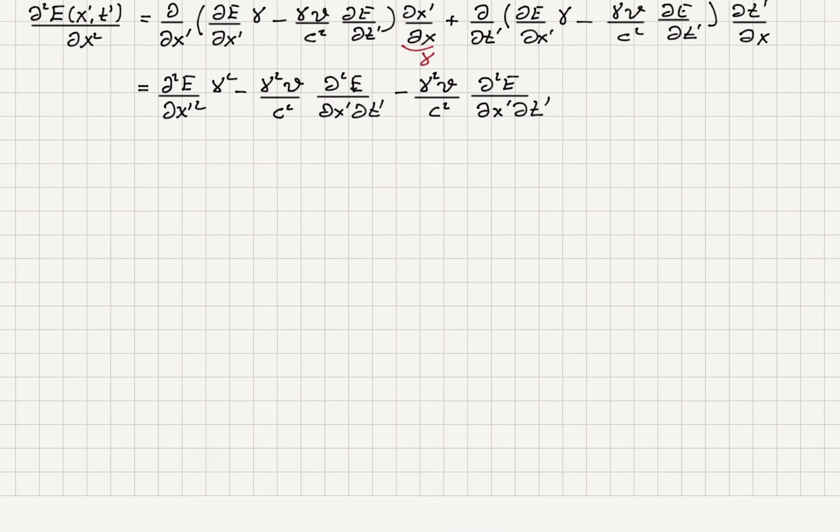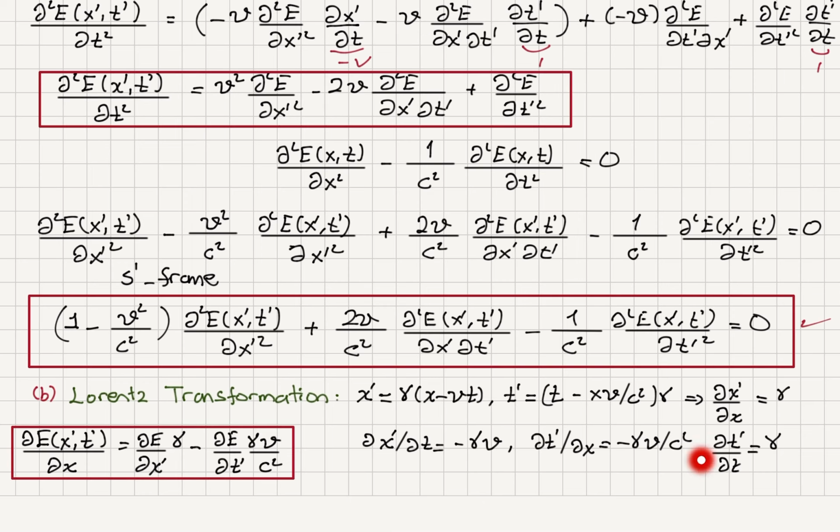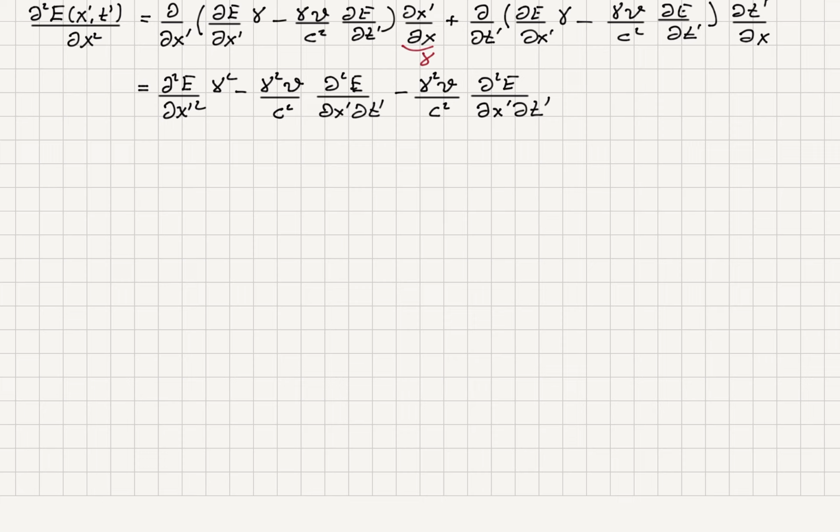And then I have this term: I'm going to get the second derivative of the electric field with respect to t prime and multiply it by minus gamma v over c squared. So here I will get plus gamma squared v squared divided by c to the fourth power, second derivative of the electric field with respect to t prime.